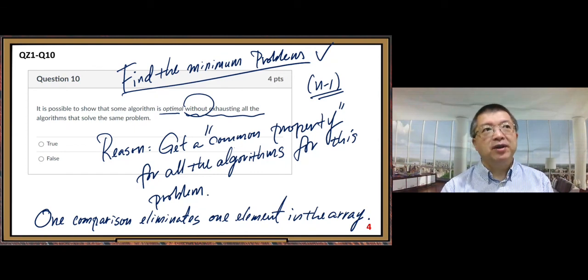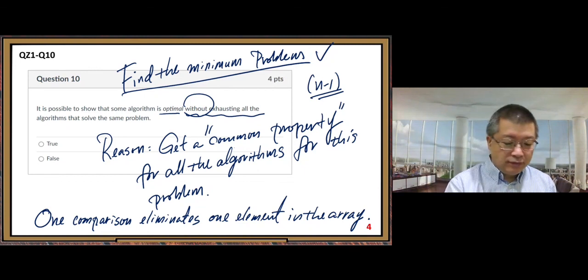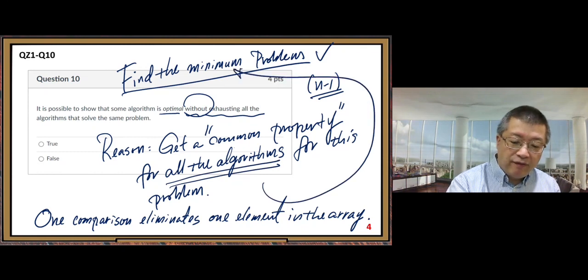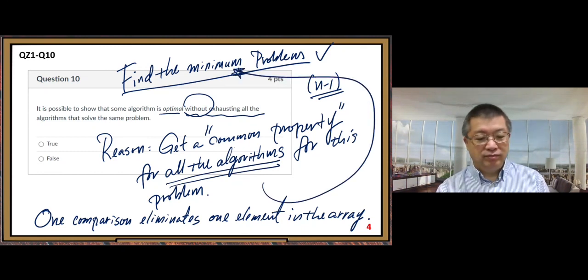One comparison eliminates one element in the array, that property. It is true for all the algorithms for that problem. So that is a good example.